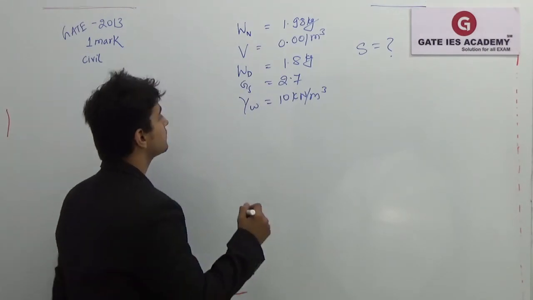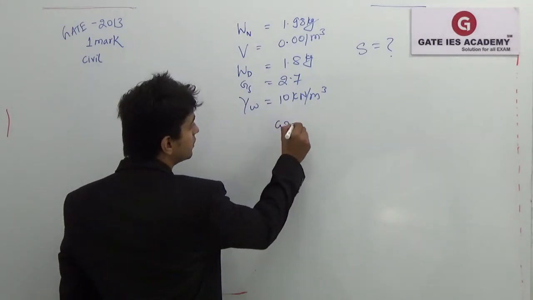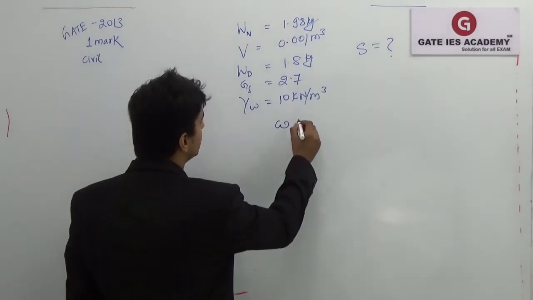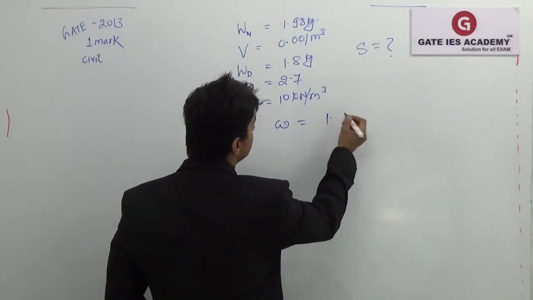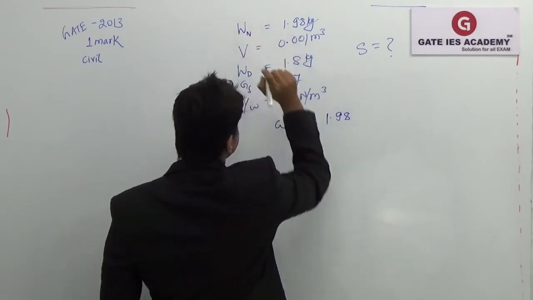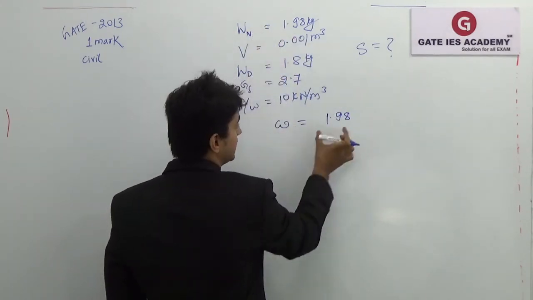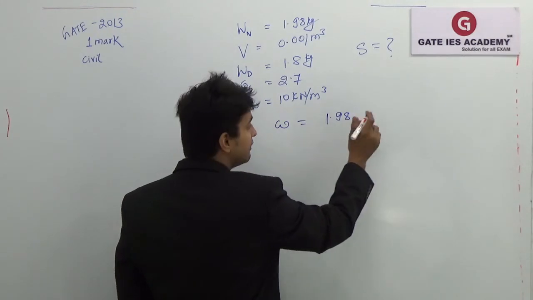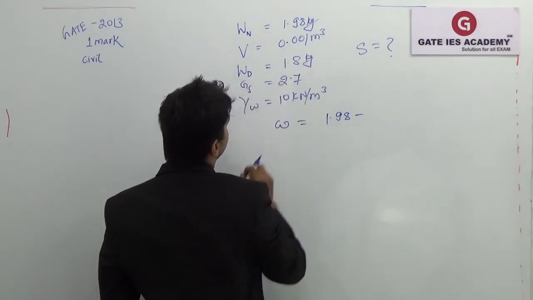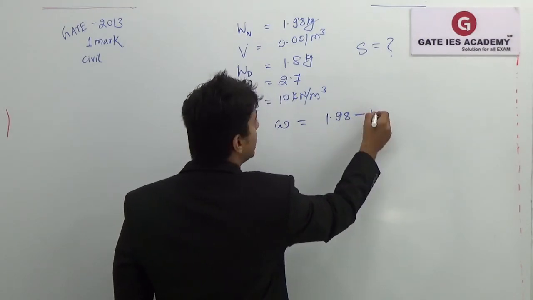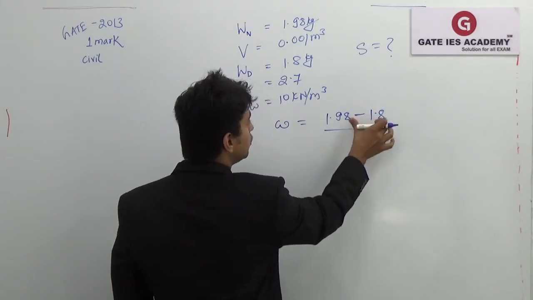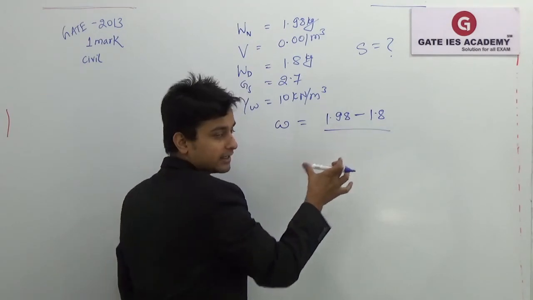So can we find out the moisture content or the water content? Very easily. That will be 1.98, the natural weight, that is the total weight. If we subtract from that the dry weight, that is the weight of solids, 1.8, this is nothing but the weight of water, isn't it?